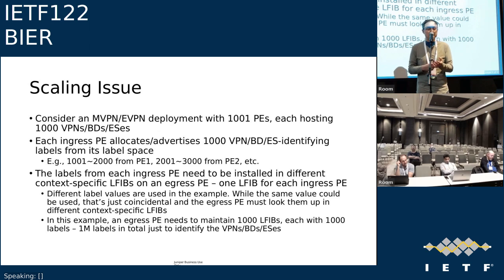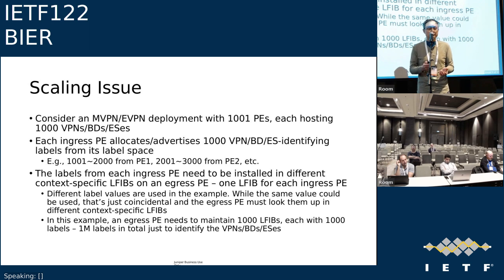So now, each egress PE needs to maintain 1,000 LFIBs, and each LFIB contains 1,000 labels. You put that together, it's 1 million labels to identify those VPNs or broadcast domains. So clearly, this is not going to scale.